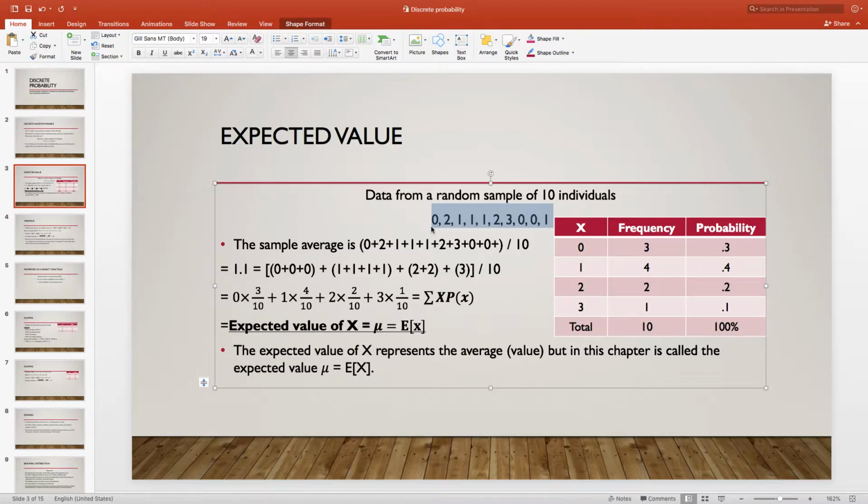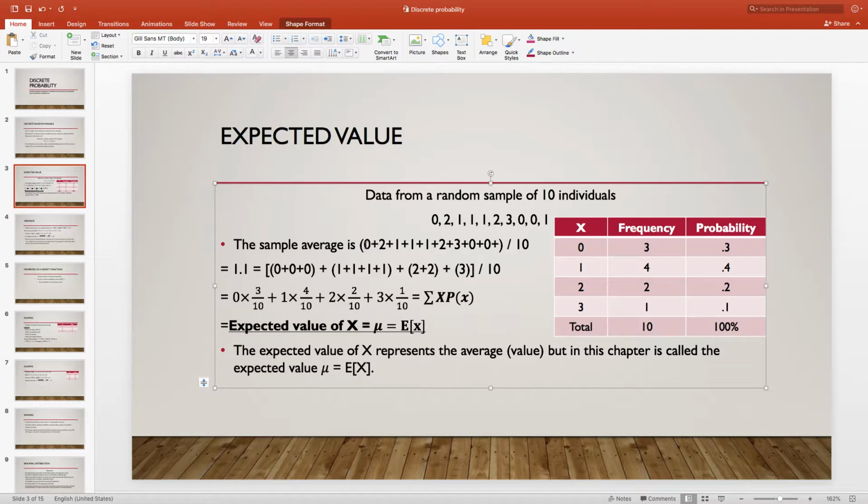So I'll take this data, add it all up, and divide by the total, which is 10. I get 1.1 cats as the average. Please do not round this 1.1 down to 1. That would be incorrect. Even though the outcome of X has to be a whole integer, the average and expected values can be decimals.